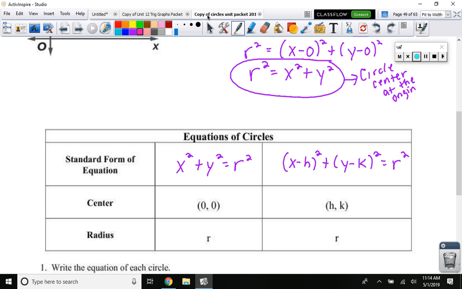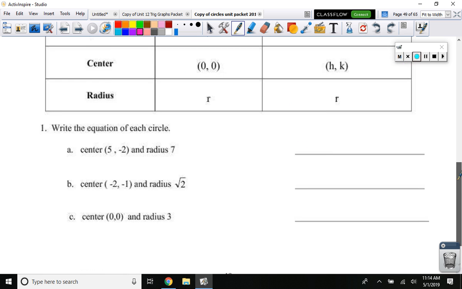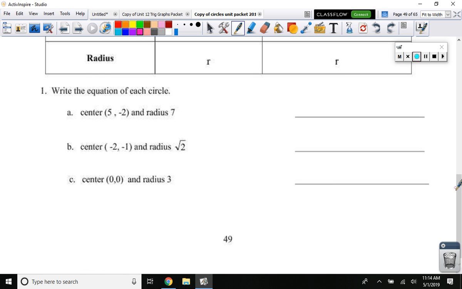All right. So we have everything we need. Ready? Write an equation of the circle given that information. Who's got it? Grace. 7 squared, which is really what? The radius, which is really, no, r squared, which is really how much? 49.